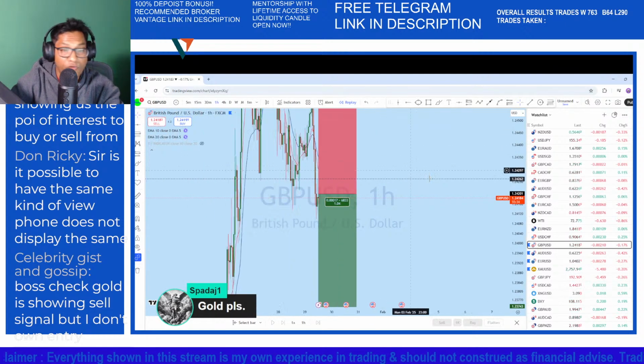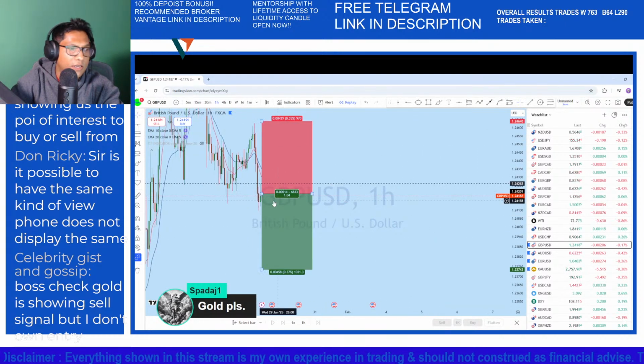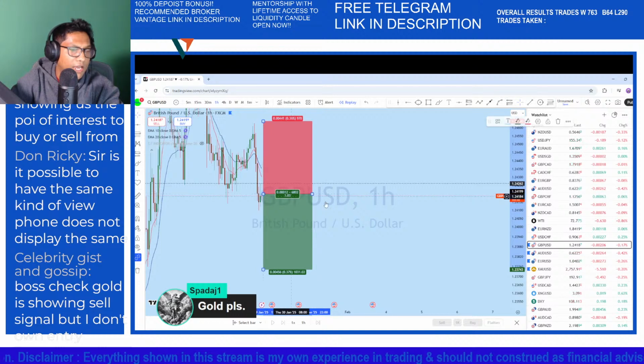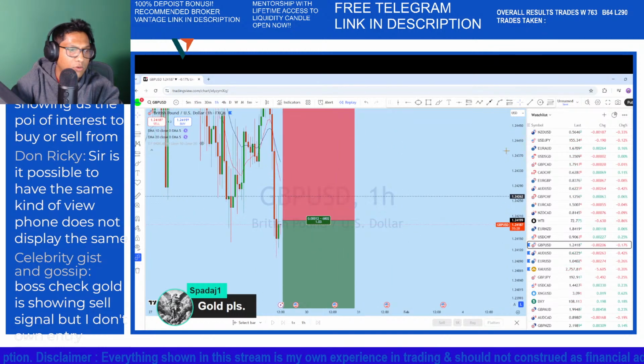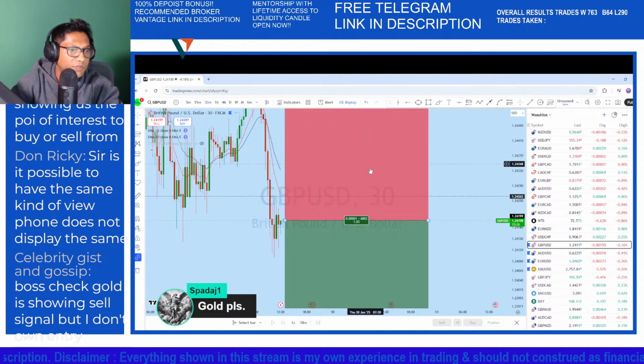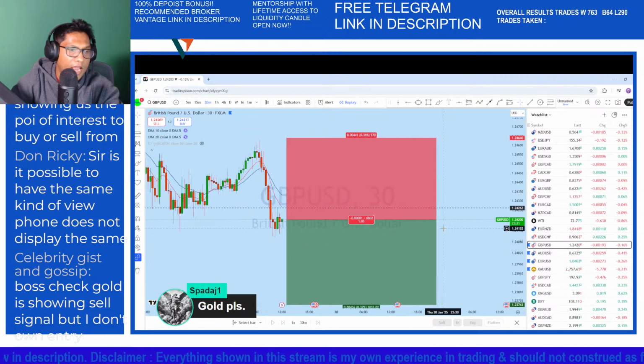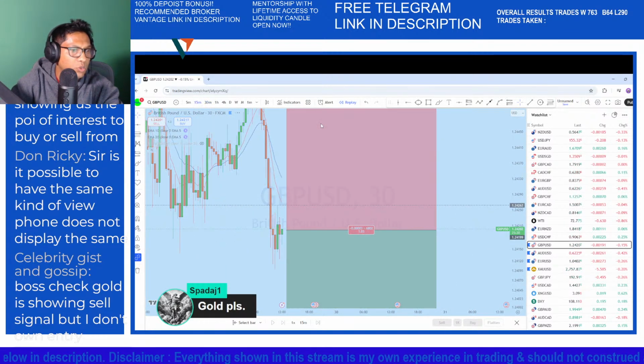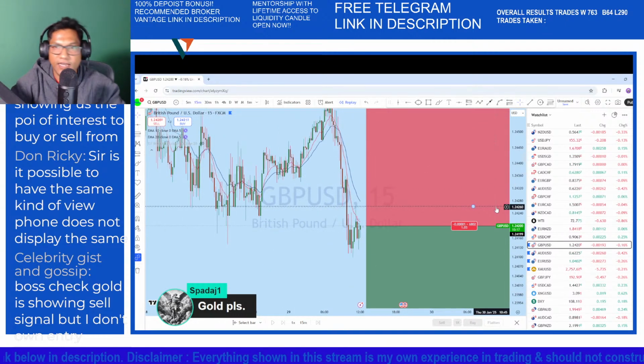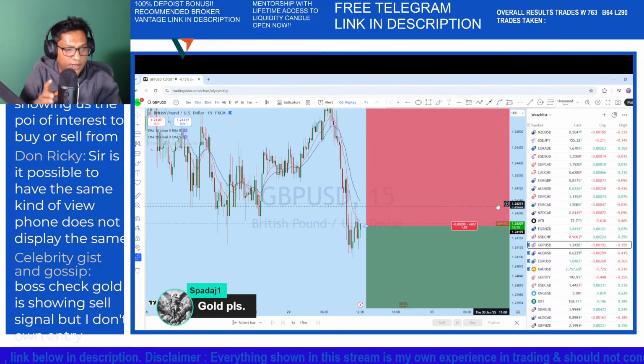Then we can look for that potential entry in that area on XAUUSD. 30 minutes perspective, we can see some pullback coming, and that pullback is where the price is heading to. So let's see.